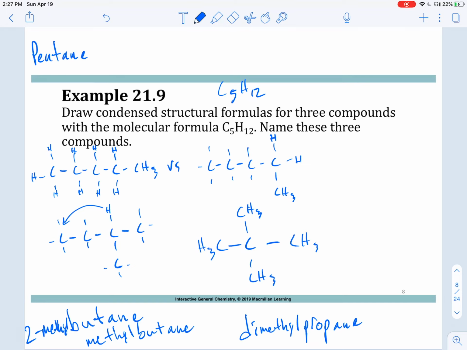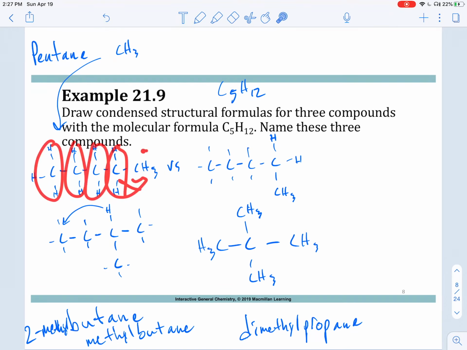but different compounds. So how would I actually draw these as condensed structural formulas, if that was the question? That's where you would take this, for example, pentane, looking at this one, and you look at each carbon and say that as CH3 right here, CH2, CH2, CH2, and then CH3.